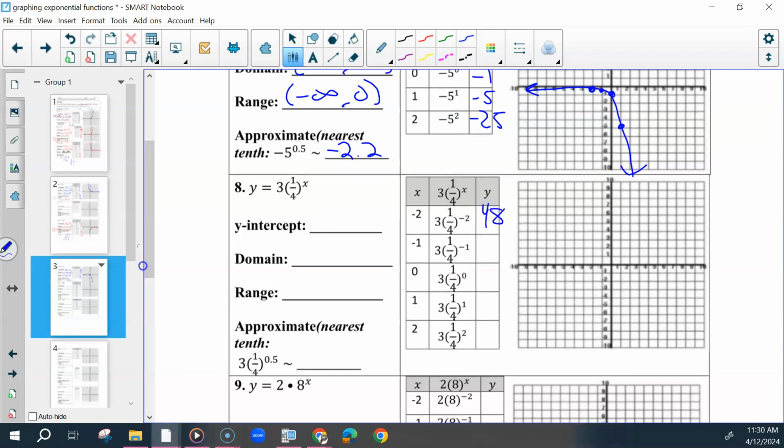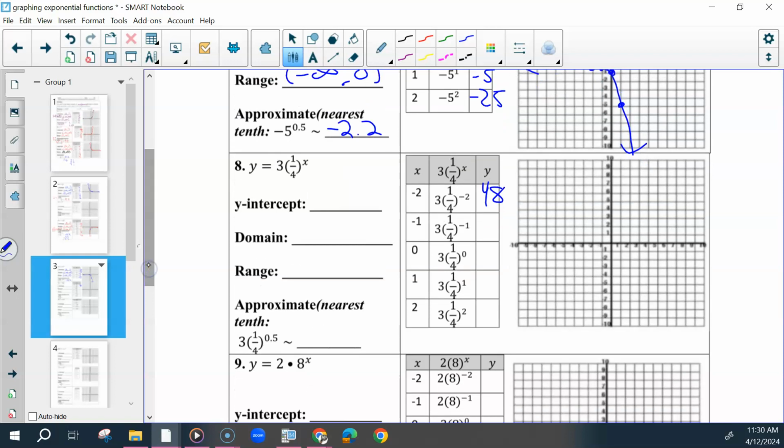You see that quick math? So then 1/4 to the negative 1 times 3 is 12. 1/4 to the 0 times 3 is 3.